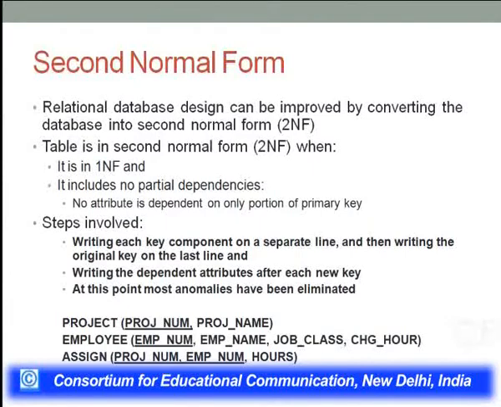This is an important step because from one table, in this step we are creating 3 tables. There existed partial dependencies between project number and project name, so project will become our first table. There existed partial dependencies between employee number, employee name, job class and charge per hour.